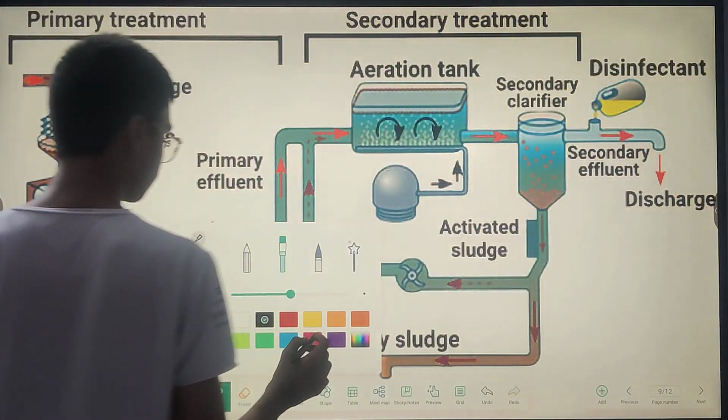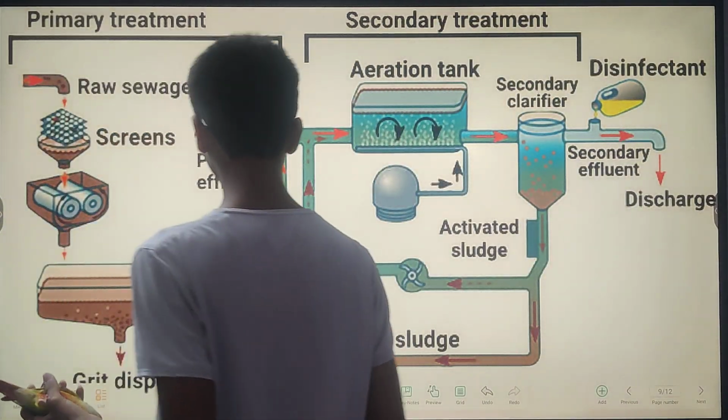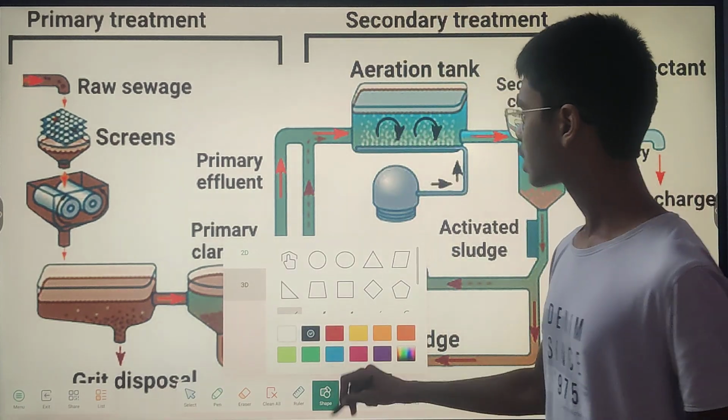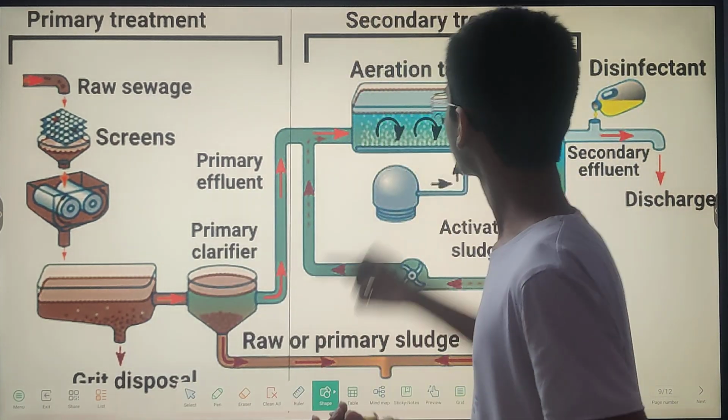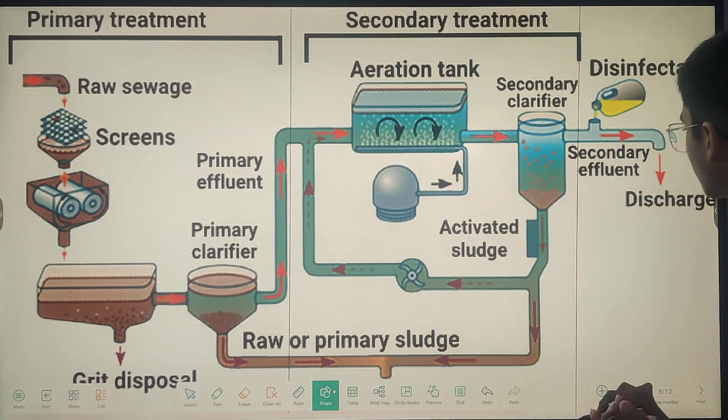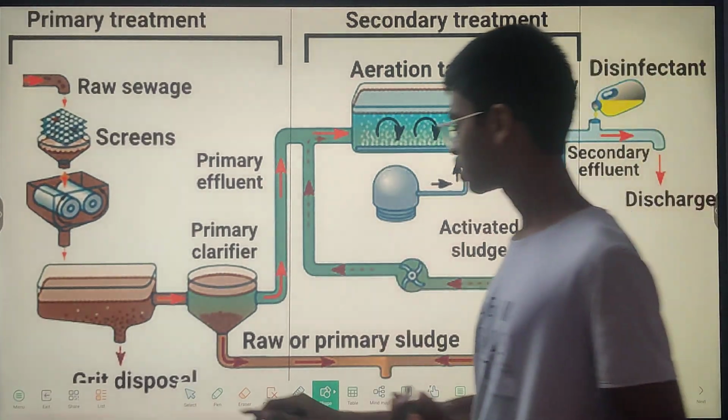See, total my sewage treatment itself is being classified into 2 different, not 2, actually 3 parts. First is primary treatment, next is secondary treatment, next is tertiary treatment.